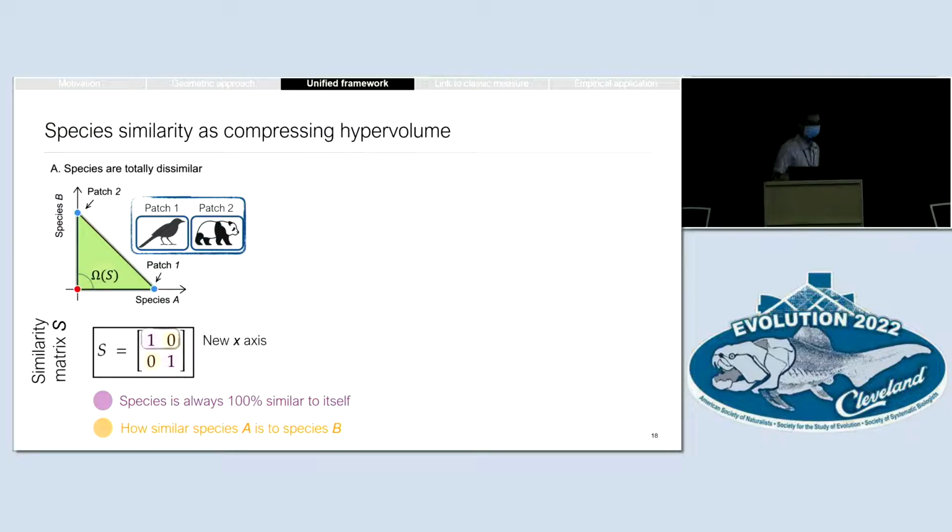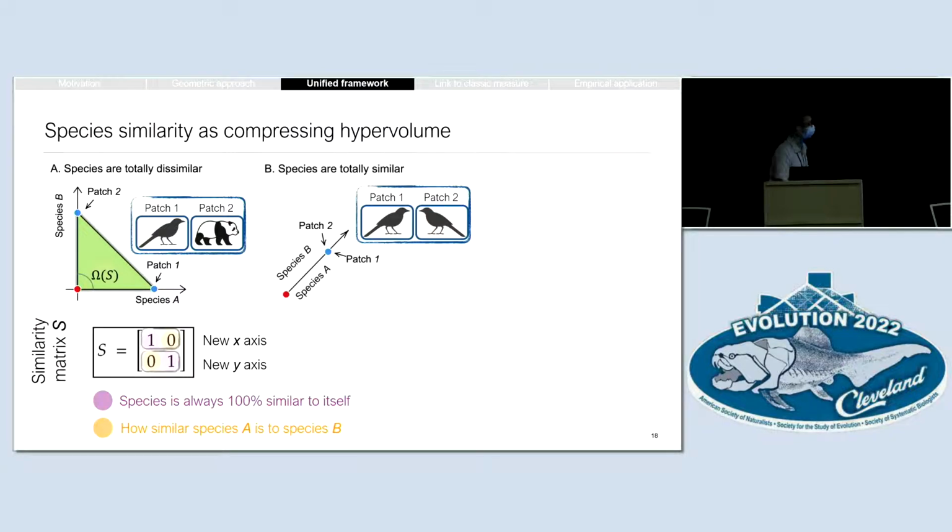The crux of the method is to consider the rows of the similarity matrix as the new x and y axes. In the case where they are totally dissimilar, there's nothing interesting, because this is originally how we defined the 2 orthogonal axes. However, things change when we consider the case when species are totally similar.